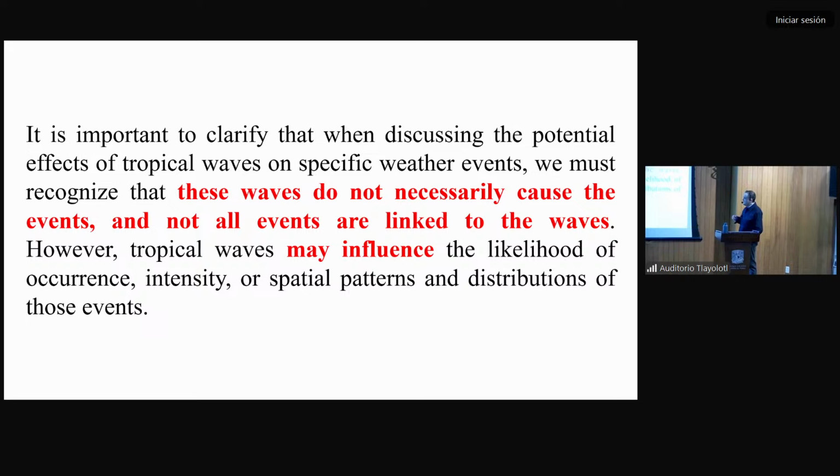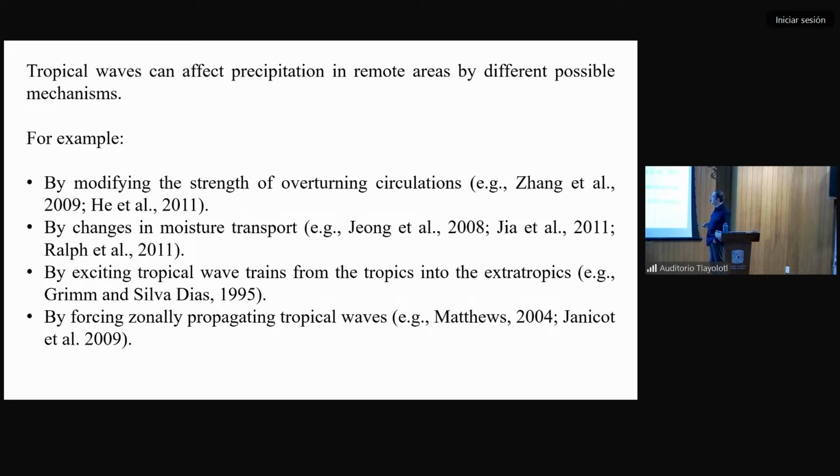So this is the kind of study where we know that we have this intraseasonal variability associated with these waves, and we want to understand how they are related with the phenomena we study, for example, here in Mexico and other countries.